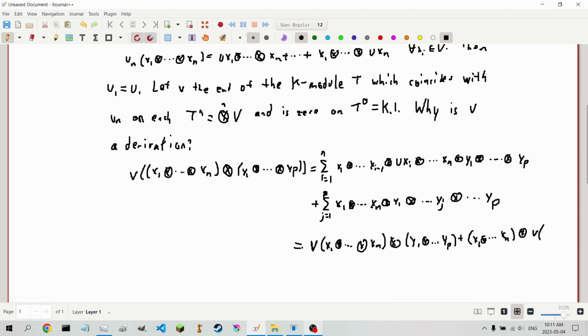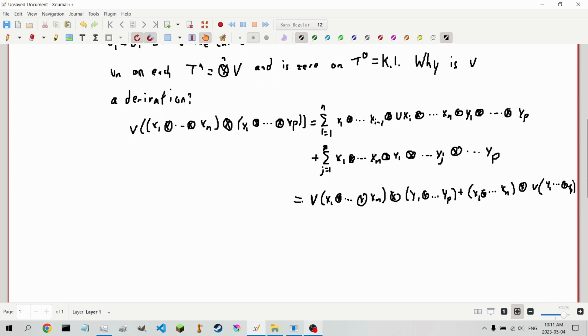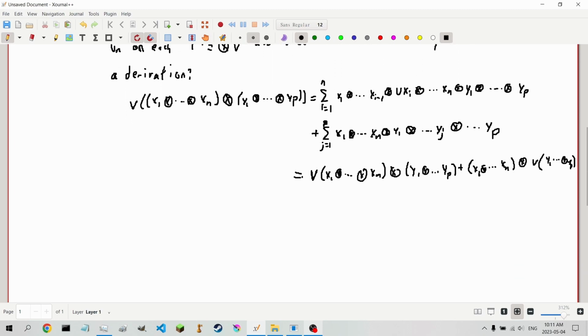And so this is in fact a derivation. Running out of space here, but you get the idea. And the condition with the symmetry operator is pretty straightforward. And so we'll just call it there for that proposition.